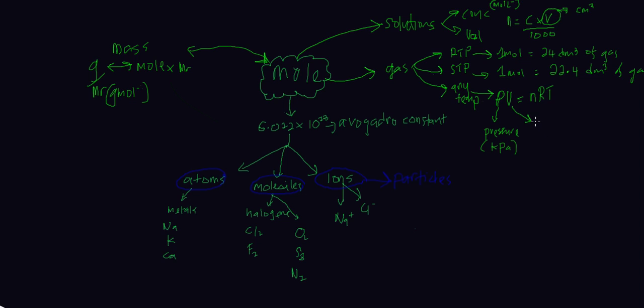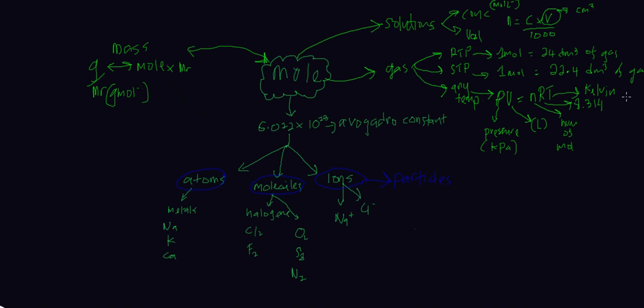Volume is usually measured in liter. n is the number of mole, and R is 8.314. Some data books might show a slightly different value, so you would use whatever is supplied in the exam, and yes, that would be supplied. And temperature is in Kelvin.